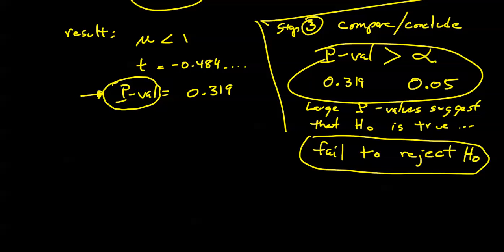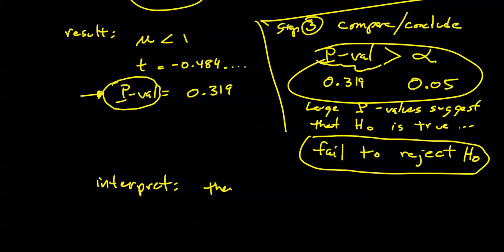And your answer, again, in these hypothesis tests is always in terms of H0. Either you reject H0 or fail to reject H0. And if the p-value is large, we claim that the sample data is not statistically significant enough when it comes to rejecting H0. Again, I usually add an interpretive type statement.